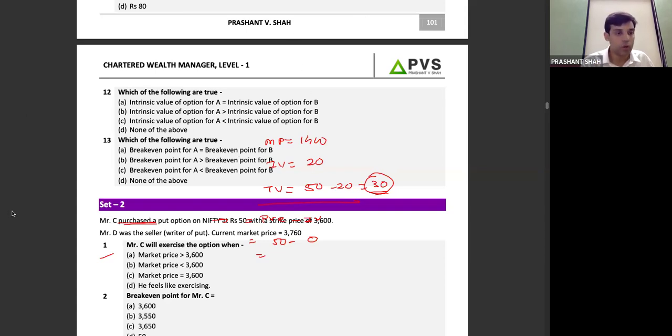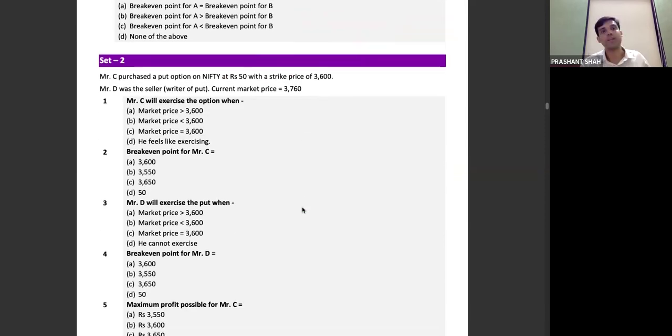Okay, now quickly look at the other side of it, starting with the put option, a confusing one. A put option gets exercised when the market price is less than the strike price. So keep referring to the videos again and again. Mr. C purchased a put option on Nifty at 50 with a strike price of 3600.